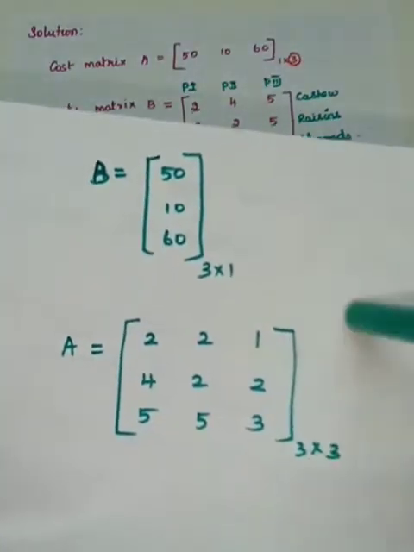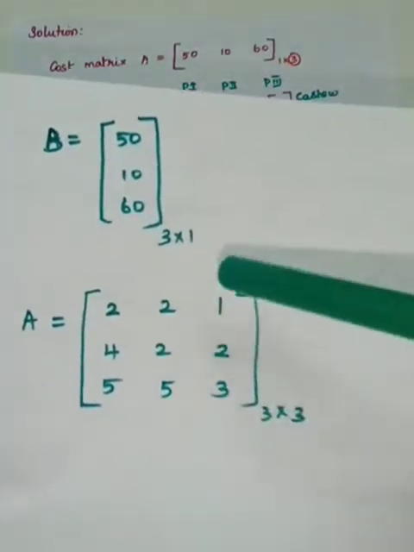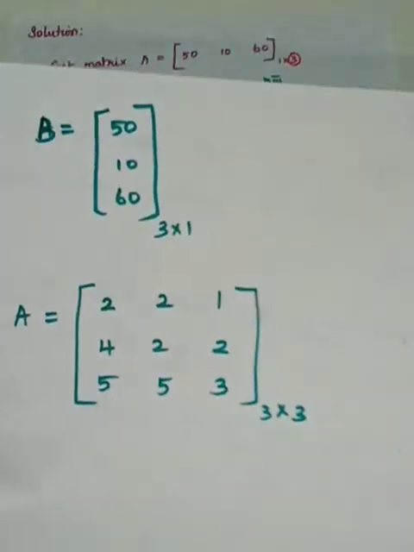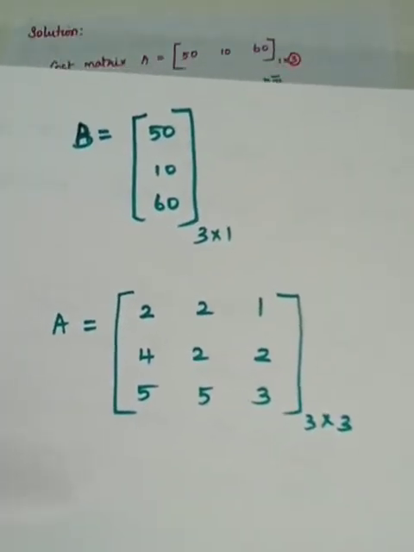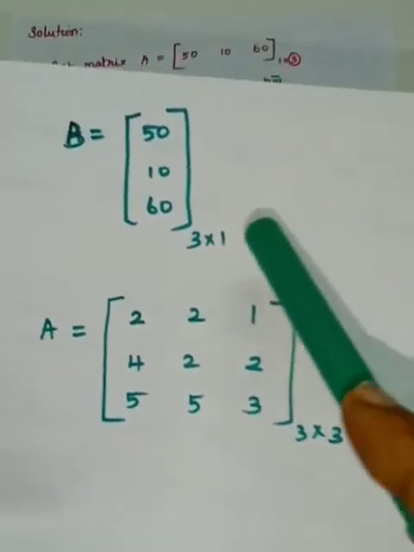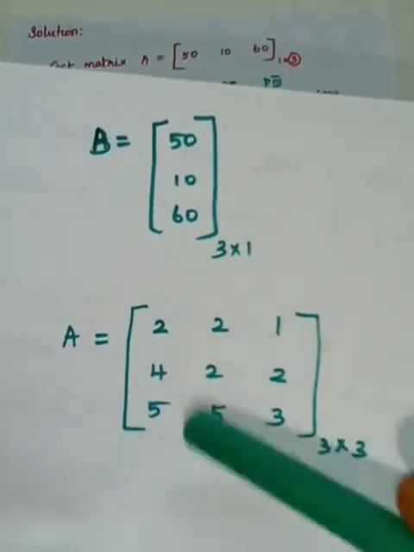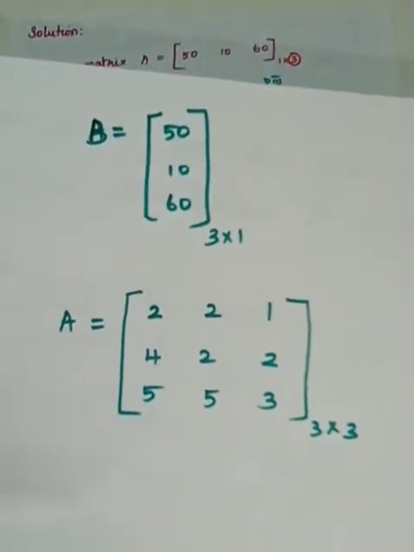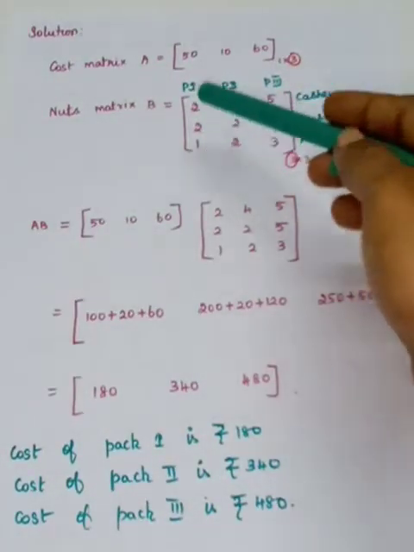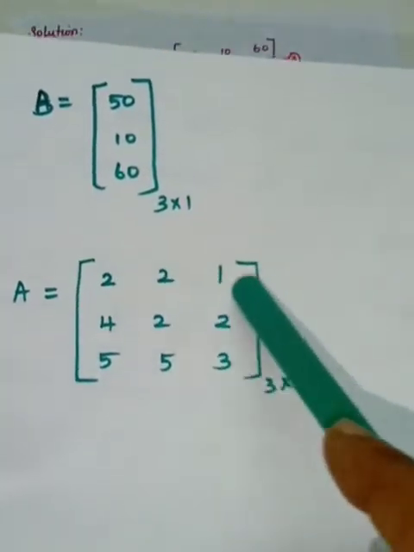So I have taken the nut matrix as A matrix, with 3 rows and 3 columns. Then if you take the cost matrix as a column matrix, you have to take it as the B matrix, since the number of columns of the first matrix is equal to the number of rows of the second matrix. In this way also you can do. Here pack 1 is written as a column; there you have to write it as a row.